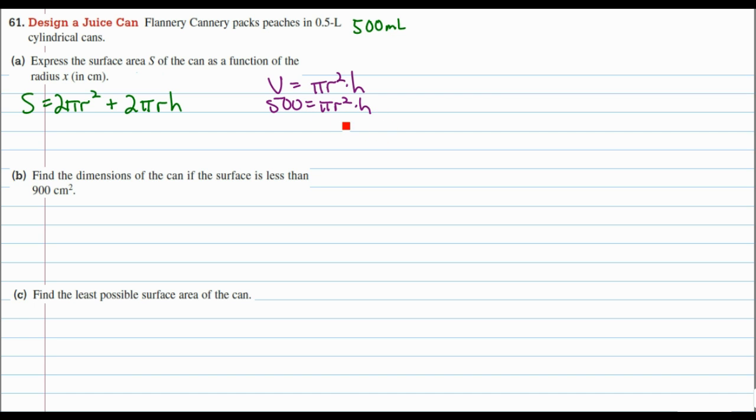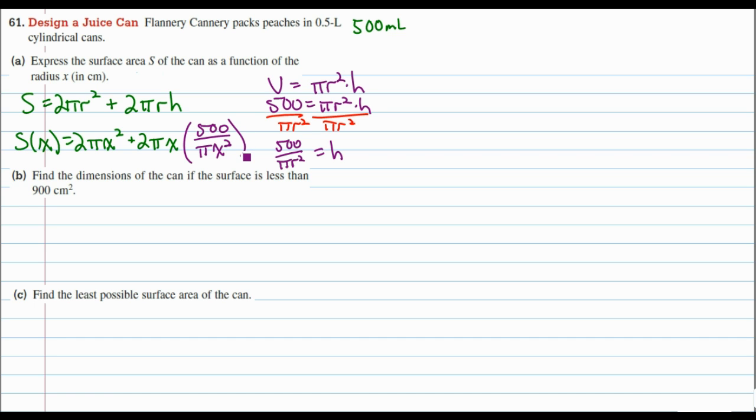So when I divide both sides by pi r squared, I get that h equals 500 over pi r squared, and I can plug that in, and I'm also going to replace every r with an x. So S of x equals 2 pi x squared plus 2 pi x times the expression for h using x, 500 over pi x squared.